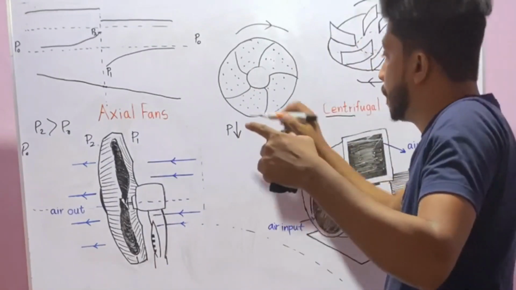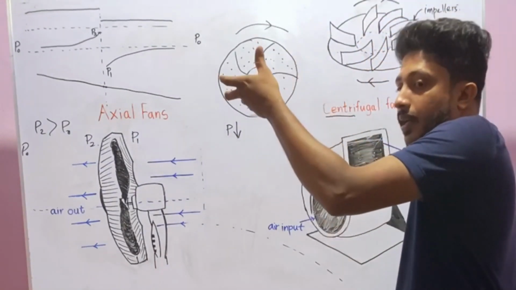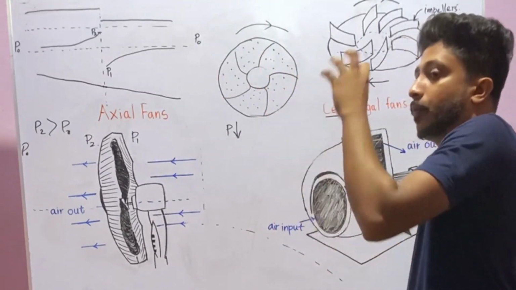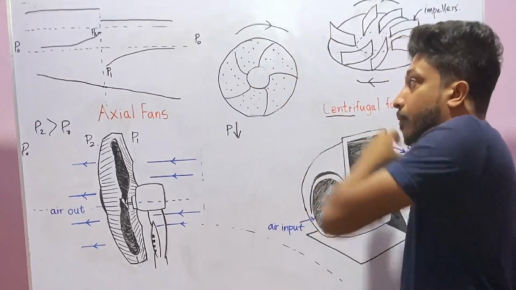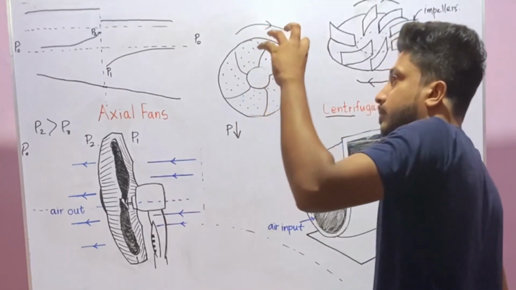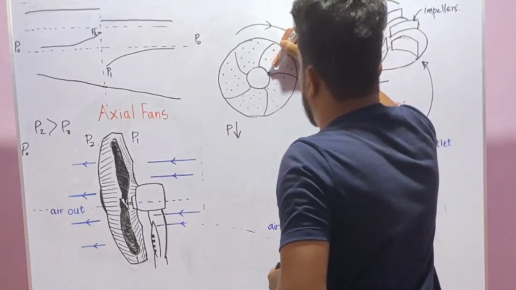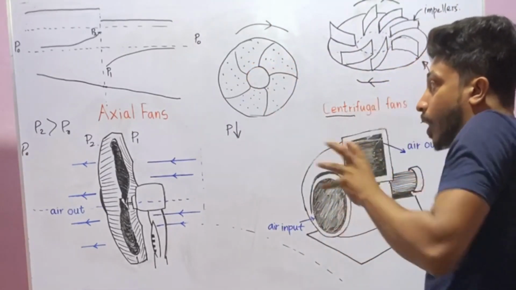Because of that, pressure is decreasing. Compared to the outside, it has a lower pressure. Always from high pressure to low pressure, air is moving. Because of that, from the outside, air is moving to this area, or we can say air is sucked to this area. Why?